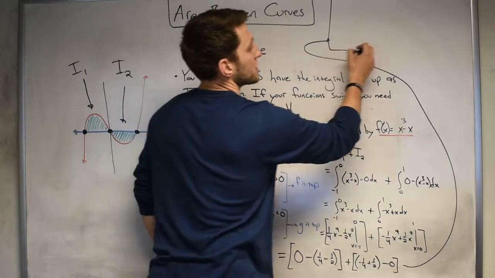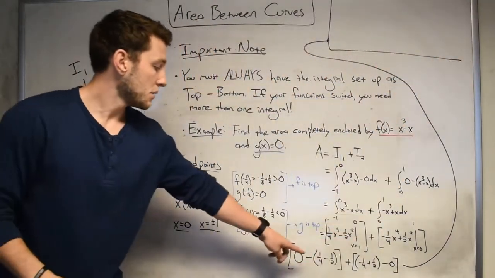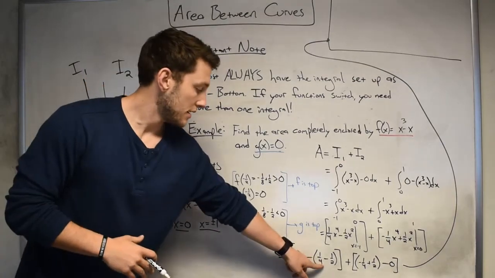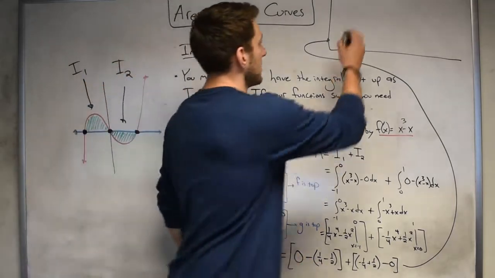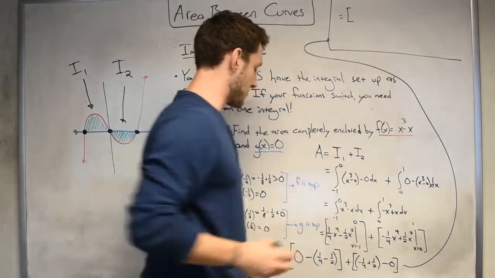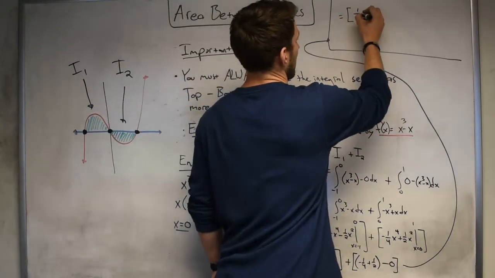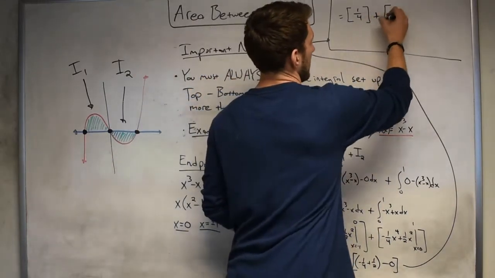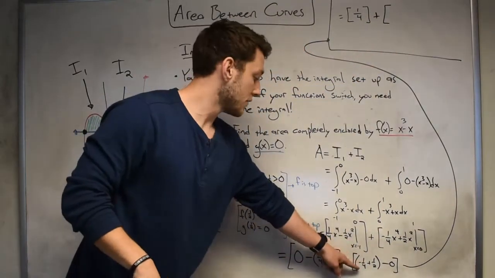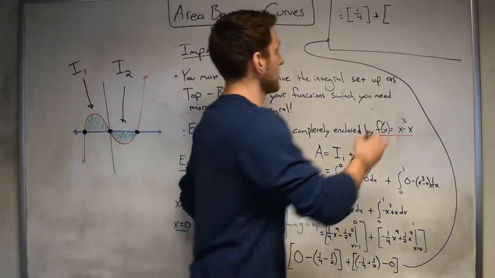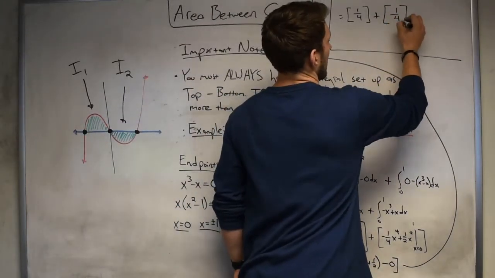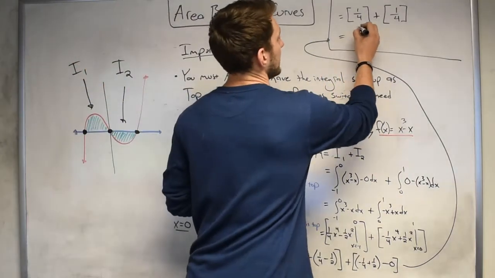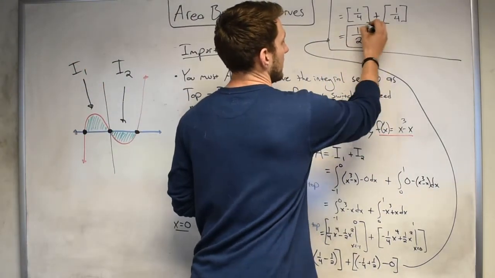If you allow me to finish the problem up here, we have 1/4 minus 1/2 giving me -1/4, but we're subtracting it. So in that first bracket, we'll just get positive 1/4. Plus, in our second brackets, -1/4 plus 1/2 will give me positive 1/4. Ultimately then, upon adding, we find that our area is 1/2.